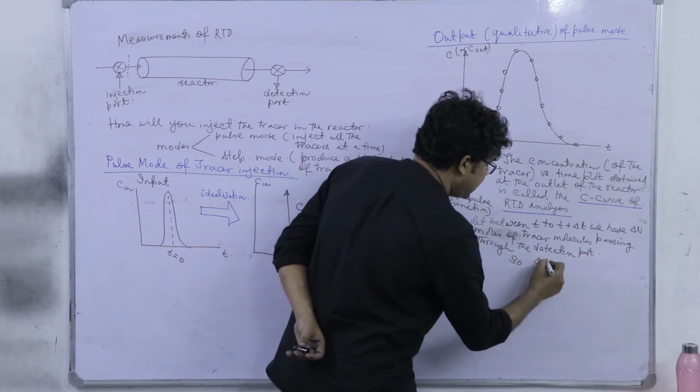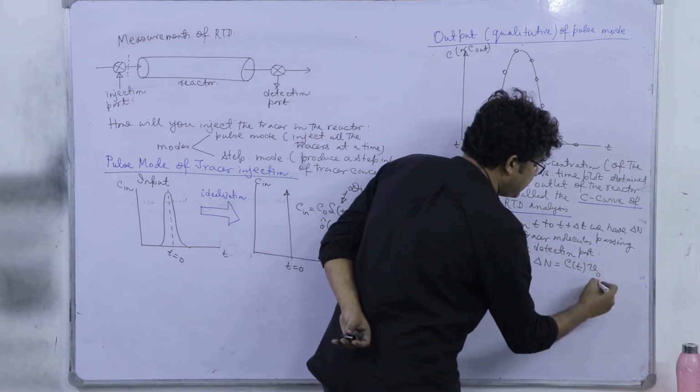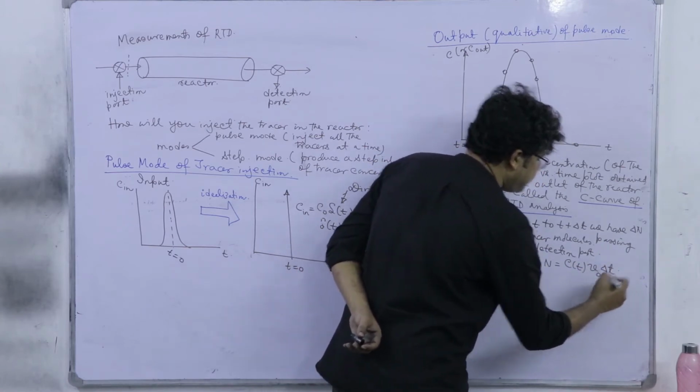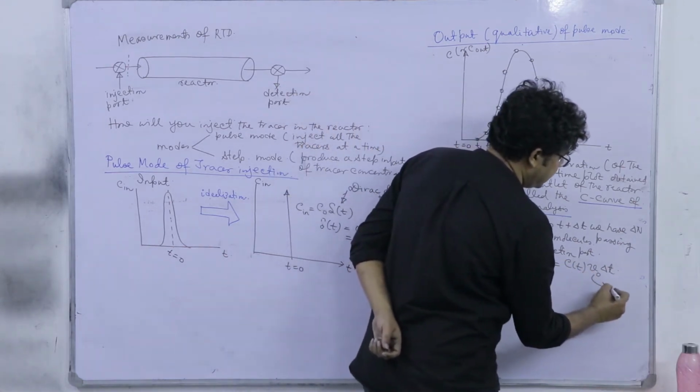So, delta n is equal to C, which is a function of t, times V naught, the volume flow rate, times delta t, where V naught is basically the volume flow rate.